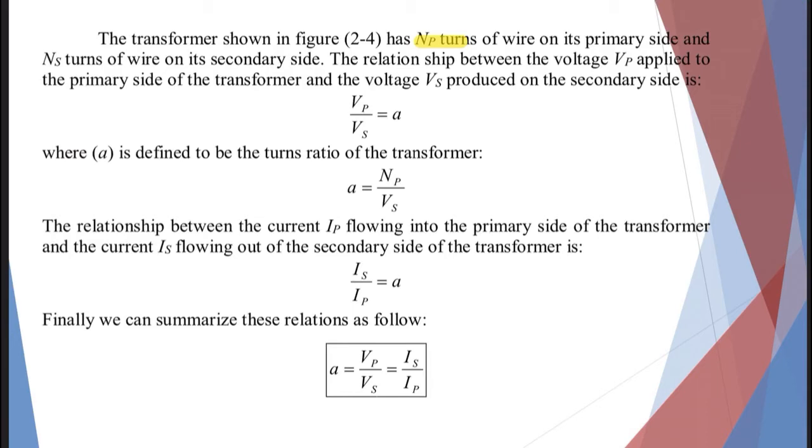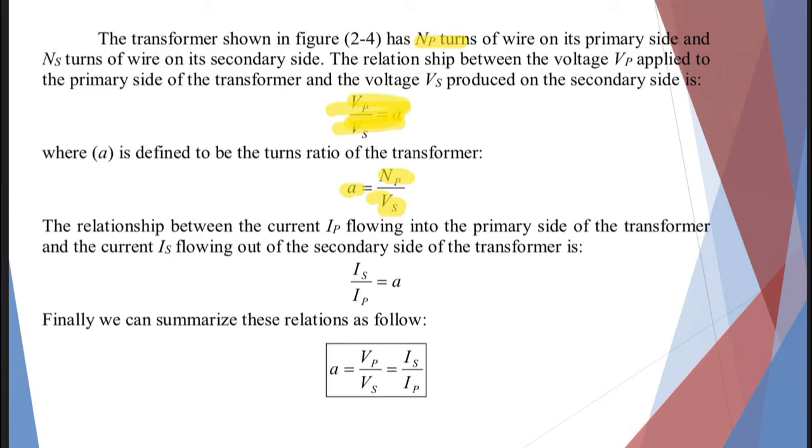The relationship between the voltage VP applied to the primary side of the transformer and the voltage VS produced on the secondary side is VP over VS equal to a, where a is defined to be the turns ratio of the transformer.